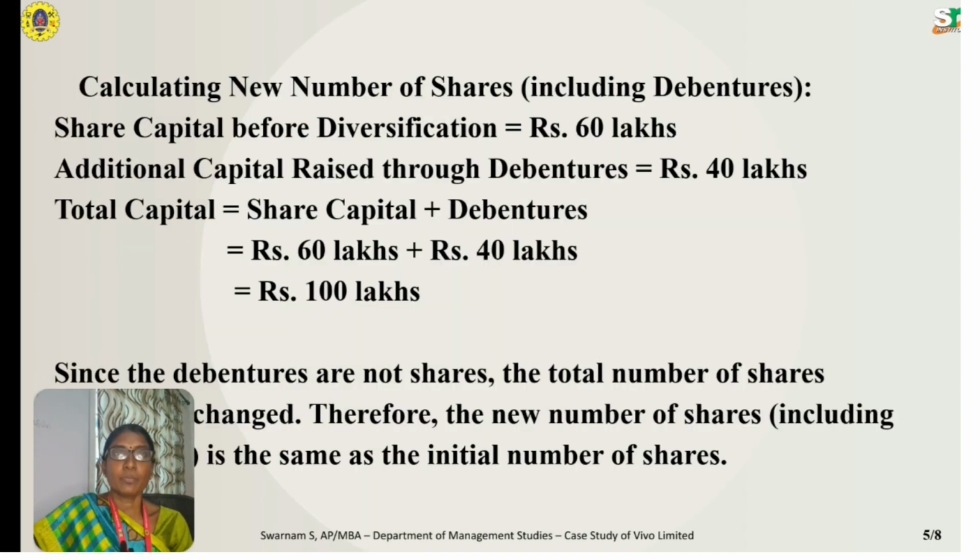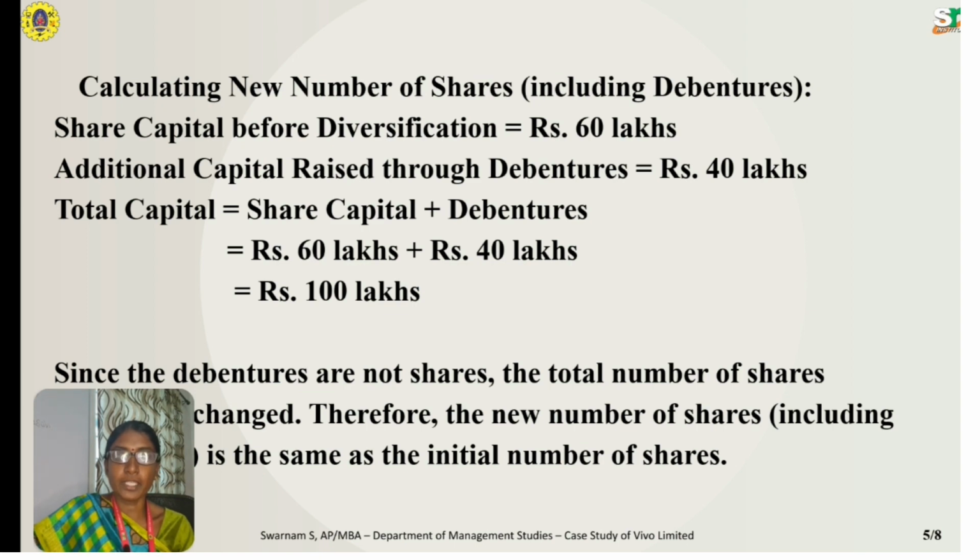Now, the share capital before the diversification is 60 lakh. The additional capital raised using debentures is 40 lakh. So, now the total capital is 100 lakh. Since the company has issued debentures, there will not be any change in the number of shares. So, the number of shareholders will remain constant.